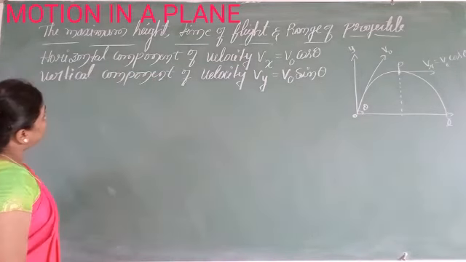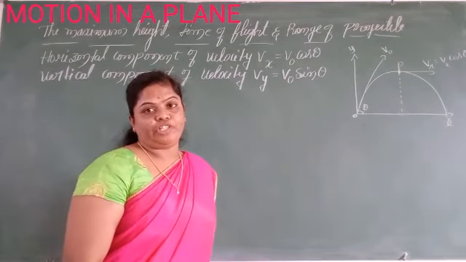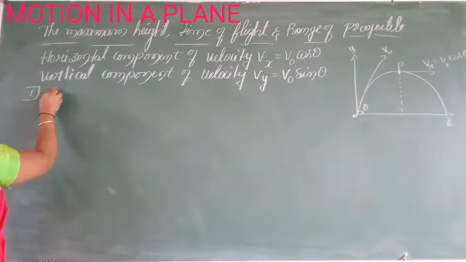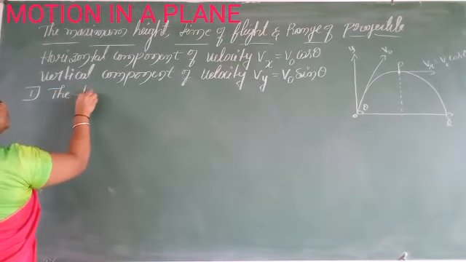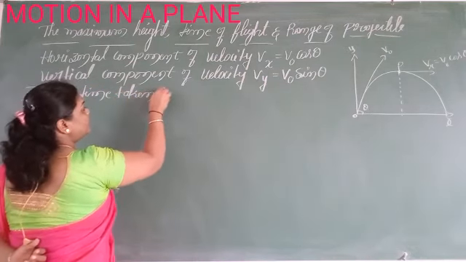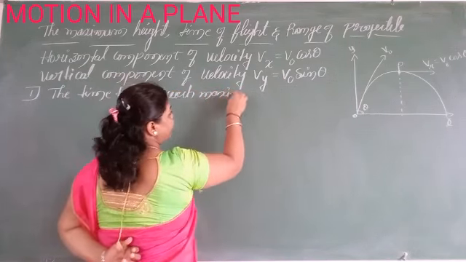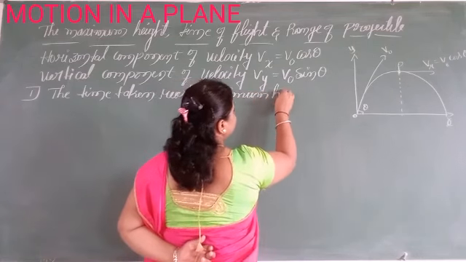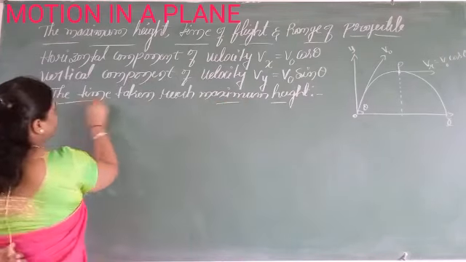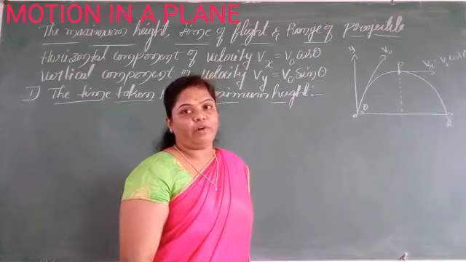So now let's see the maximum height, time of flight and the range of projectiles. Now see the first one, that is the time taken to reach maximum height. What is meant by time of flight?